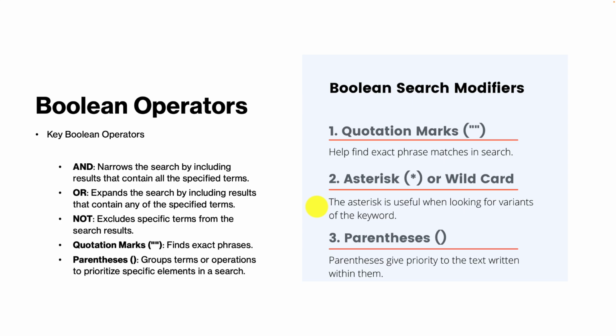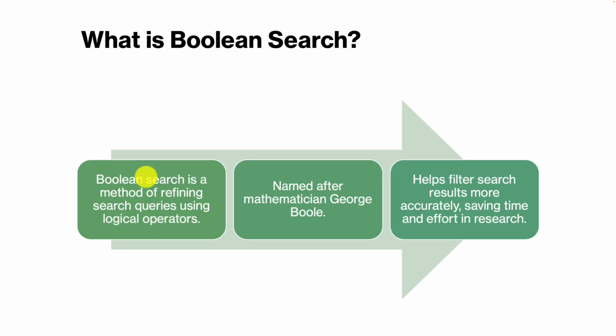So if I'm using the word and, I say ACL injury and rehabilitation, this is like telling the database that you want books or papers that discuss both ACL injuries and rehabilitation together. So this narrows down that search by including only the results that contain the specified terms. So then you will get papers that will come across the board and say, this includes ACL injury and rehabilitation.